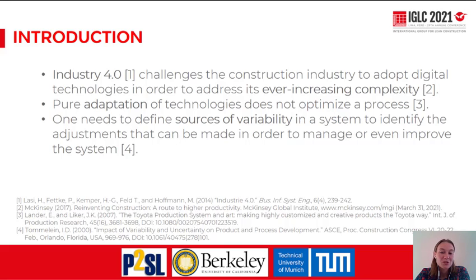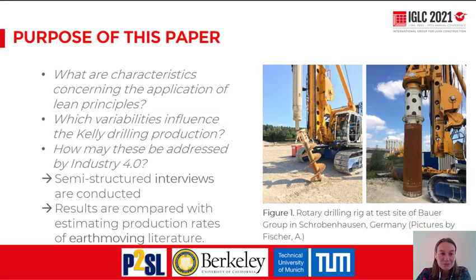So process flows must be understood in detail to eliminate waste, and sources of variability must be identified to, in the end, improve or try to improve the system. And this is what the paper is focused on.